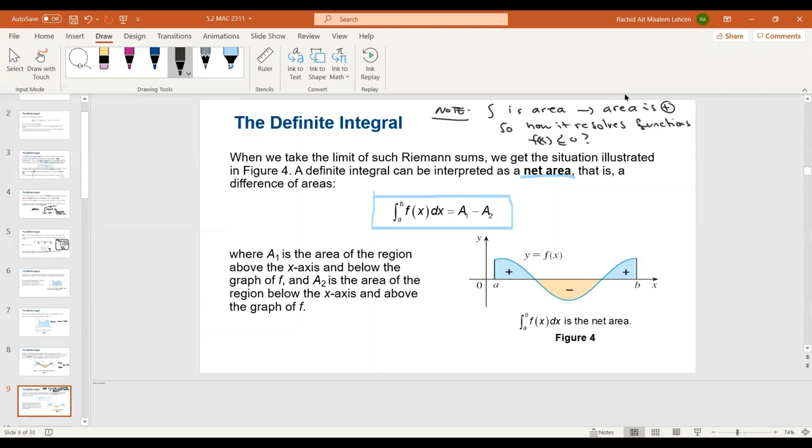So if f of x is above the x-axis, then we're talking about the area because that's positive, right?